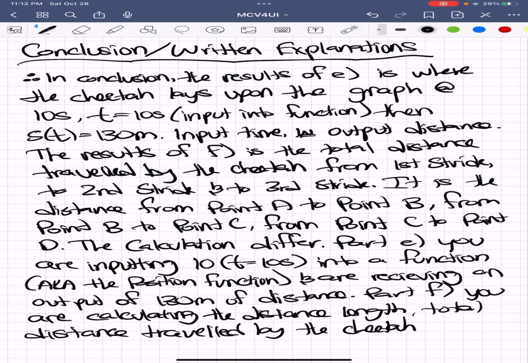You are calculating the total distance traveled by the cheetah, and adding all stride lengths, while also calculating stride 1, 2, and 3.